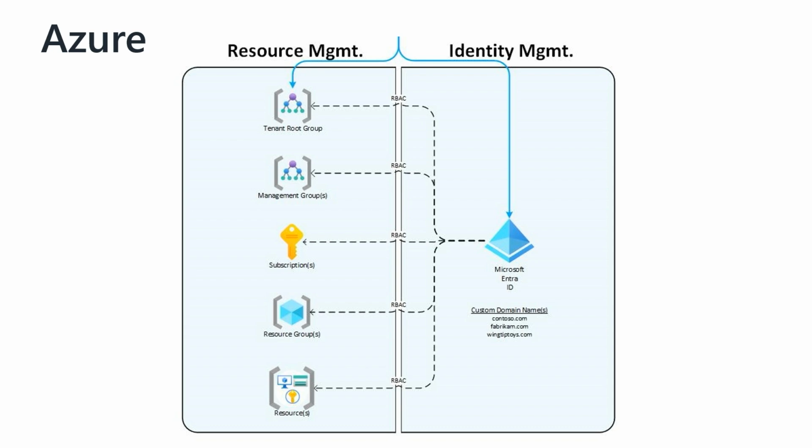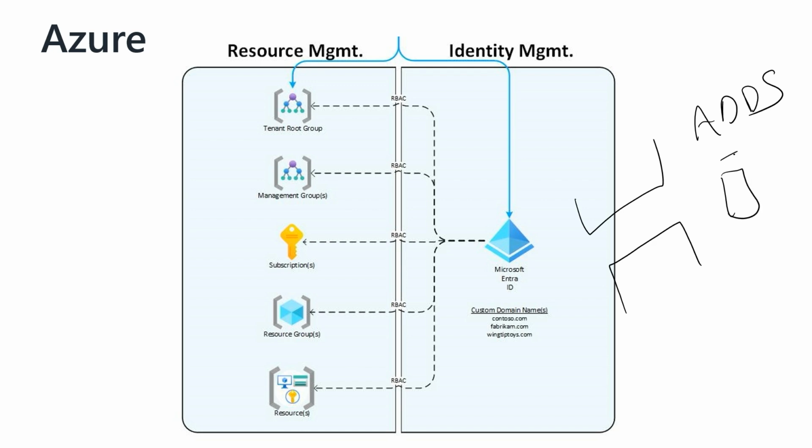The other things that we have capable for us, as I mentioned, there is a connector that we can work with that allows you to connect to your ADDS, or Active Directory Domain Services, and the domain controllers that you had.